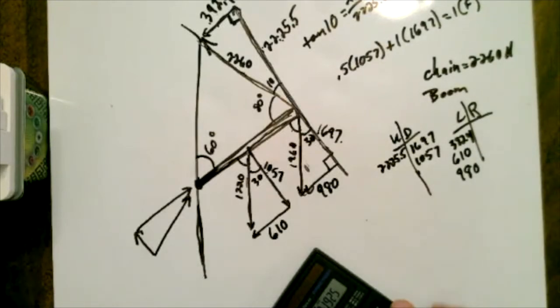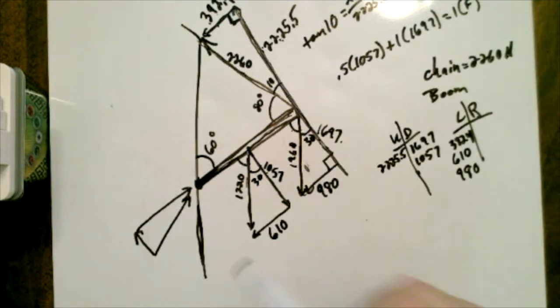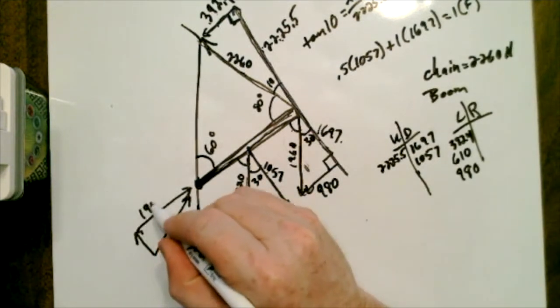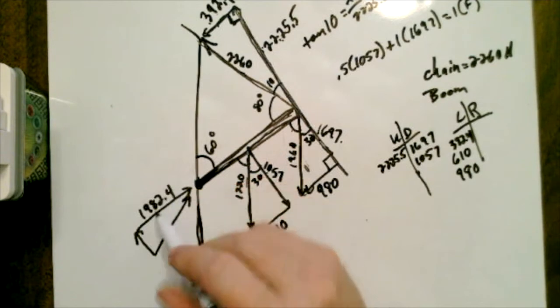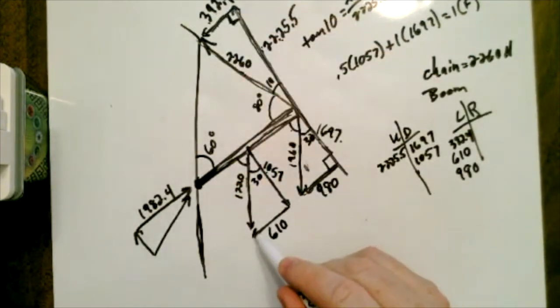See, there's a lot. So if I add those up, 392.4 plus 610 plus 980, those are all my lefts. And so I need a right of 1982.4. So right here, I'm going to do 1982.4. This force here is going to balance out this one, and this one.